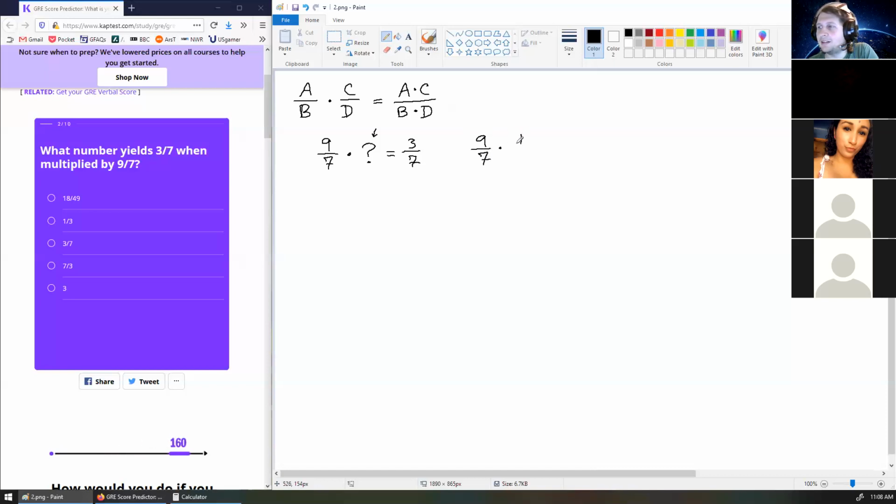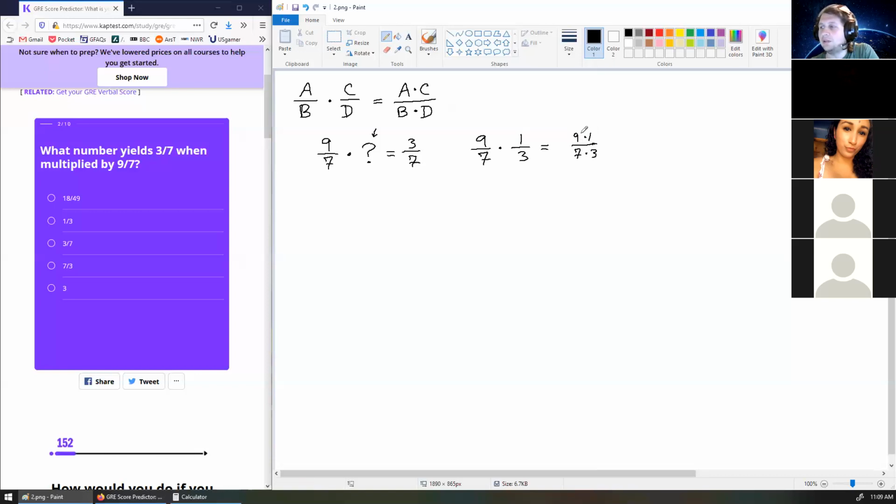Lee mentioned that logically it makes sense because 3 is 1/3 of 9. That's basically logically what's going on here. So at the top, we have 9 times 1, and at the bottom, we have 7 times 3.